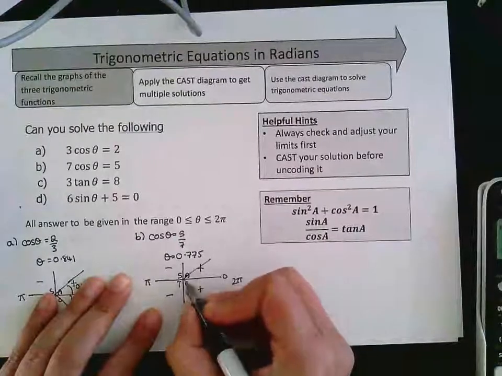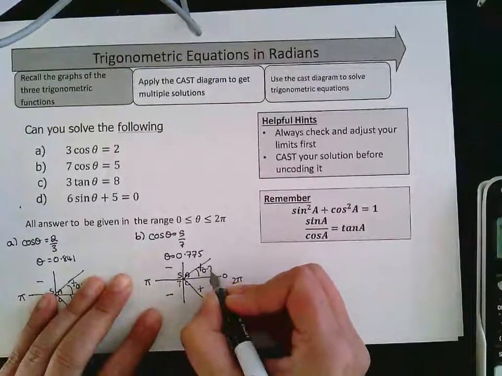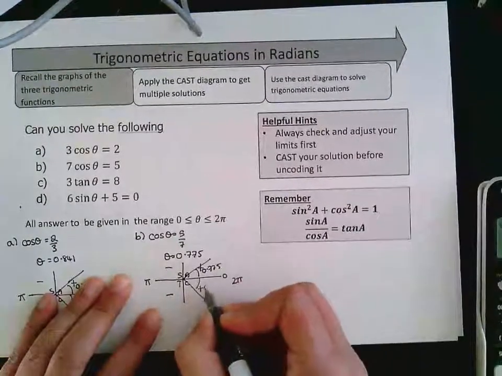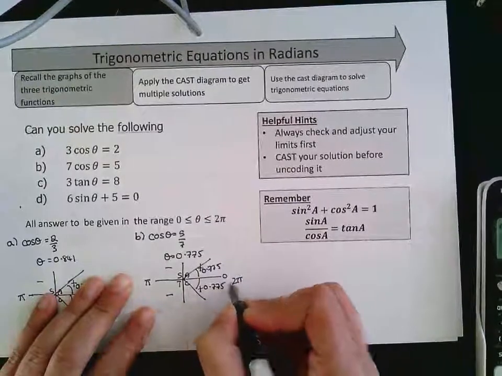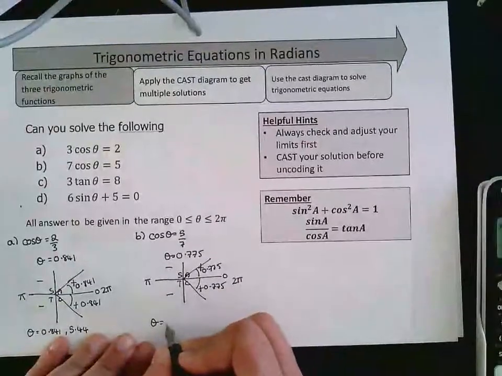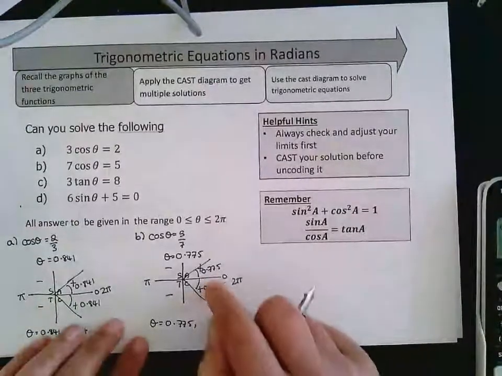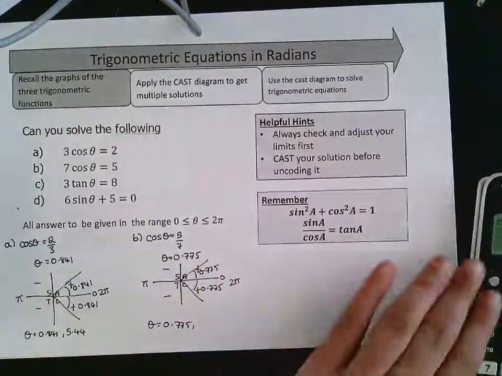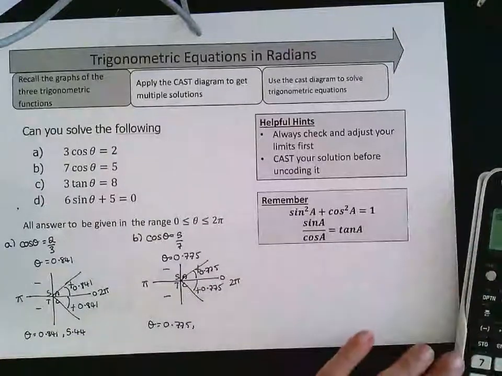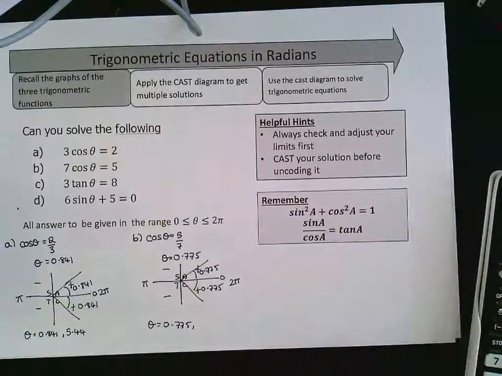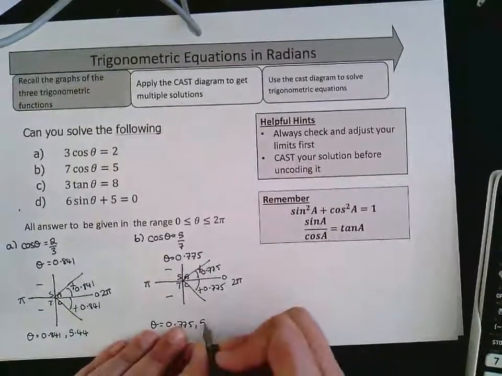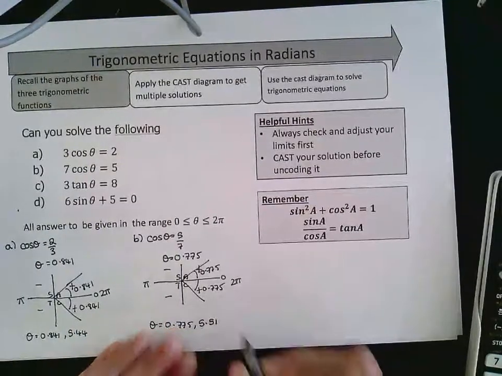I draw my positive angle in the positive sections. So my solutions are 0.775, and from 0, how far do I turn? It would be 2 pi minus 0.775, and to 3 significant figures, that is 5.51.